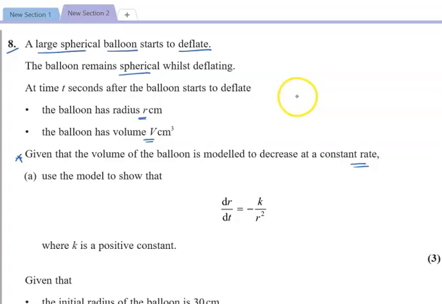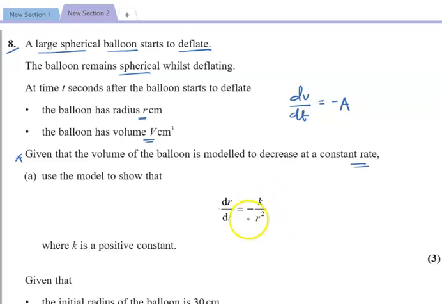That means dV/dt, the rate of decrease of the volume, is constant, so it's negative, say negative a, where a is the constant. Use the model to show that dr/dt is equal to minus k over r squared.